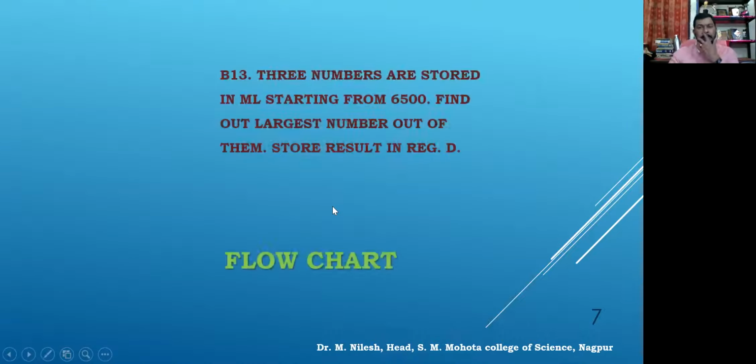The program B13: three numbers are stored in memory location starting from 6500. Find out the largest number out of them and store the result in register D. Since the numbers are only three, we will put a counter 3 over there.